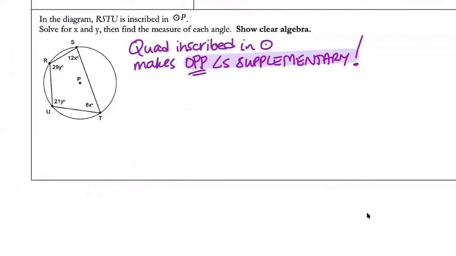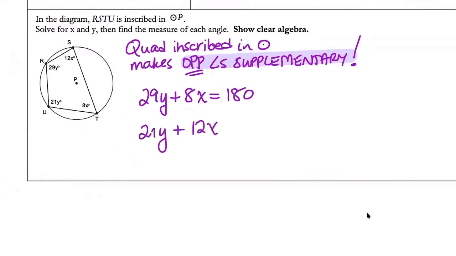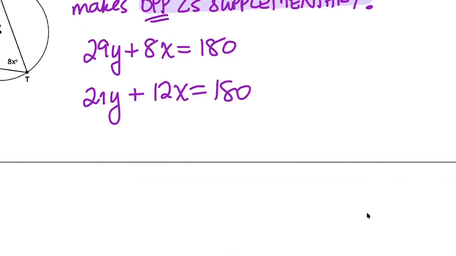Okay, so we're going to have 29y plus 8x equals 180, and we're going to have 21y plus 12x equals 180. Opposite angles are supplementary. Now I'm noticing that I can divide out a 3.